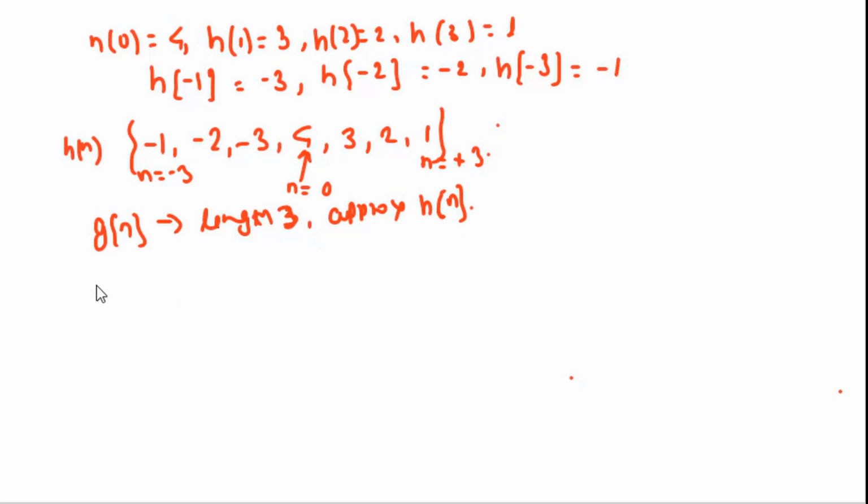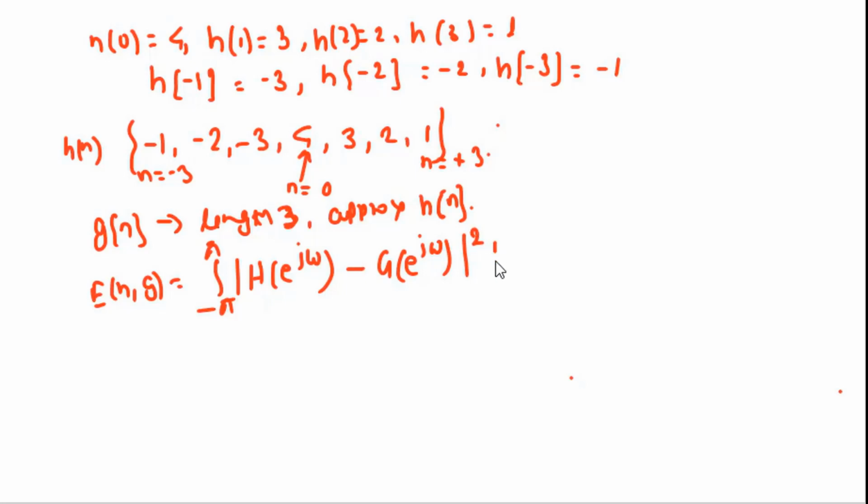Also, you are given the condition E of h of g as the integral from -pi to pi of magnitude of H of e j omega minus G of e j omega whole squared d omega. This should be minimized. So whatever g of n minimizes this is your value of g of n.